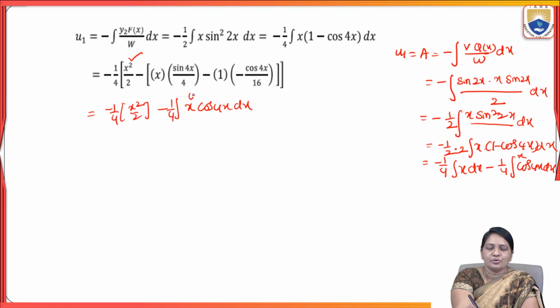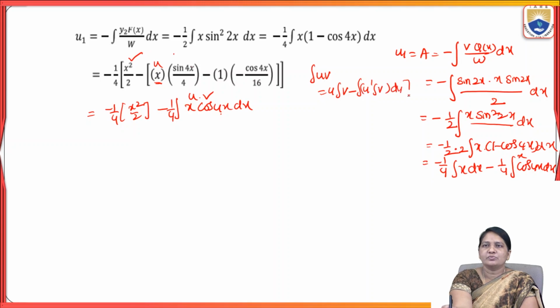That is the u into v formula. So u integral v: u is x, integral v is integral cos 4x, which is sin 4x by 4, minus integral of u dash into integral v, whole again dx. So this is the formula we are following here. So u dash is x dash, that value is 1.